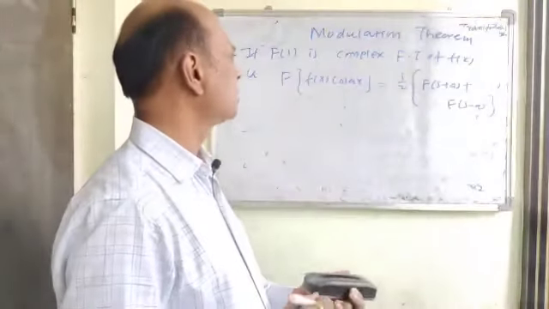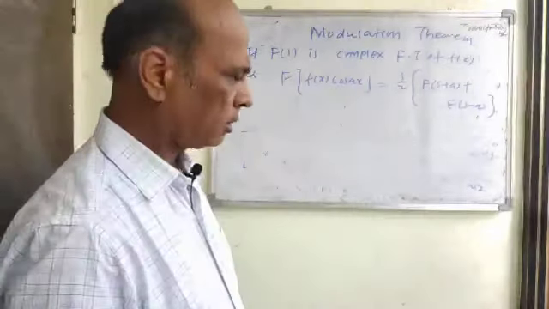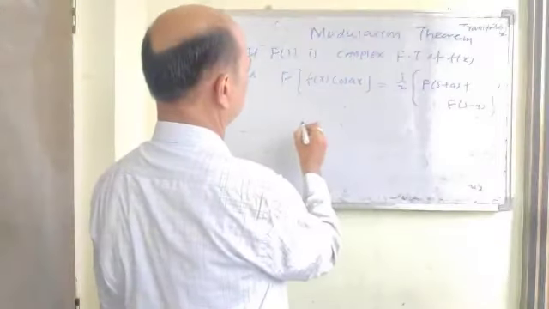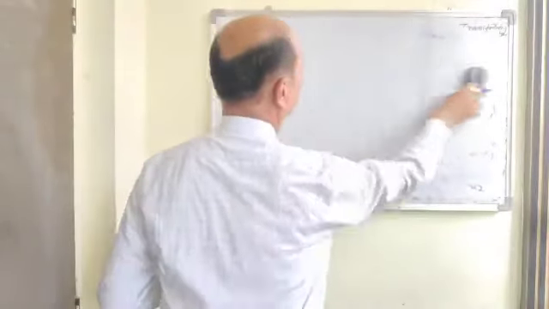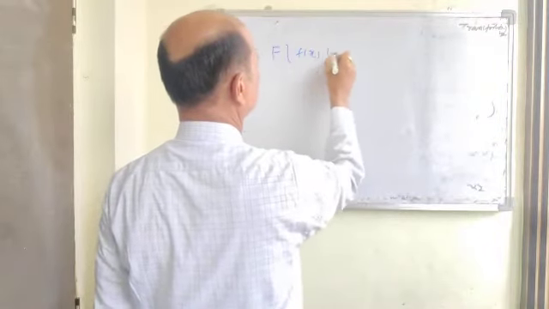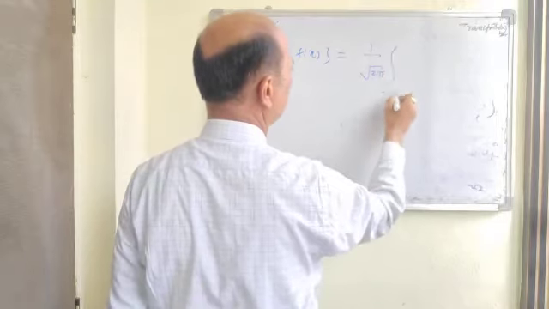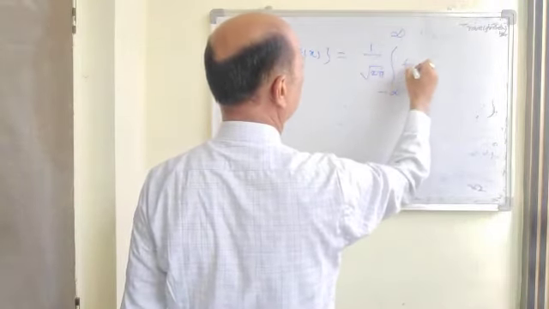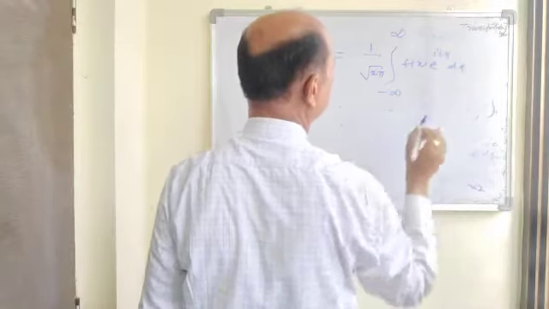F of f of x cos ax, so try to understand this. According to our definition, we know that first we write here F of f of x, that is the definition, 1 upon root 2 pi integration from minus infinity to infinity f of x e to the power isx dx.